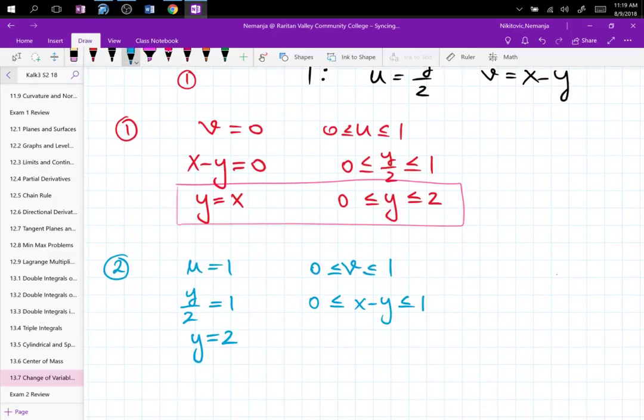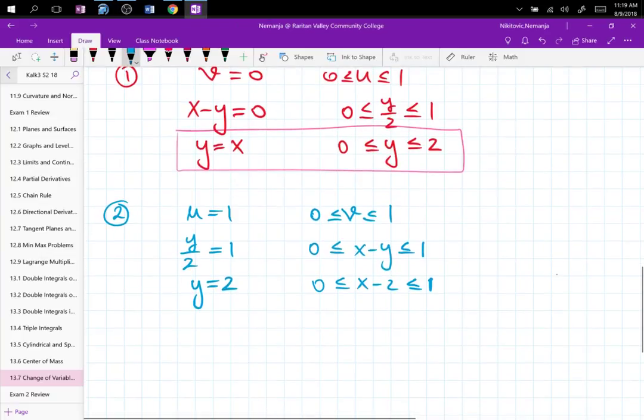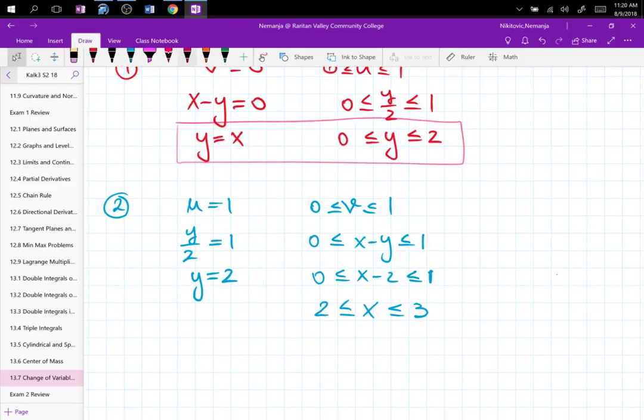And then we plug in y equals 2, so 0 less than x minus 2 less or equal than 1. And then we add 2 everywhere, so 2 less than x less or equal than 3. So now this is another set of equations that we have to use.